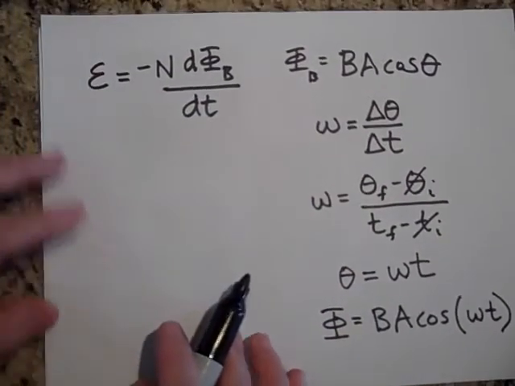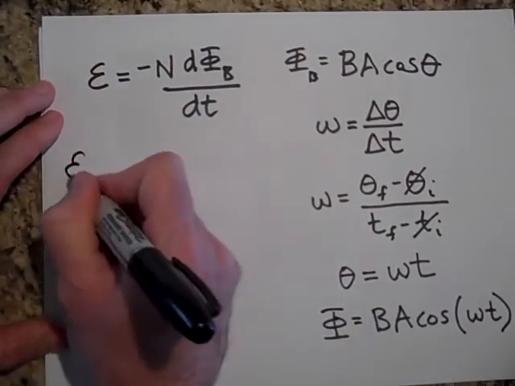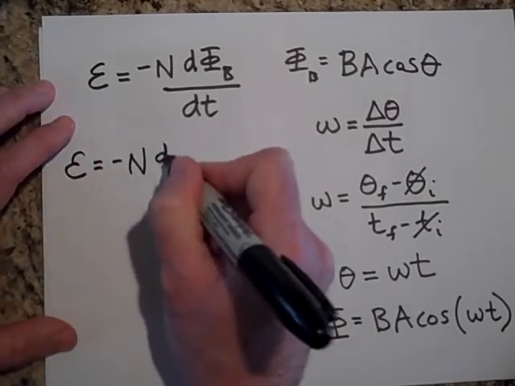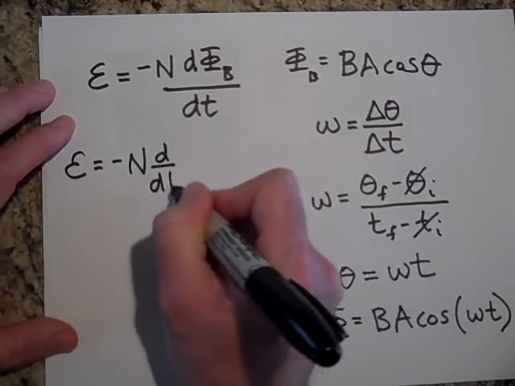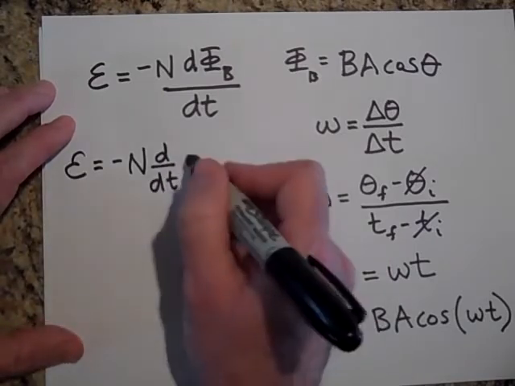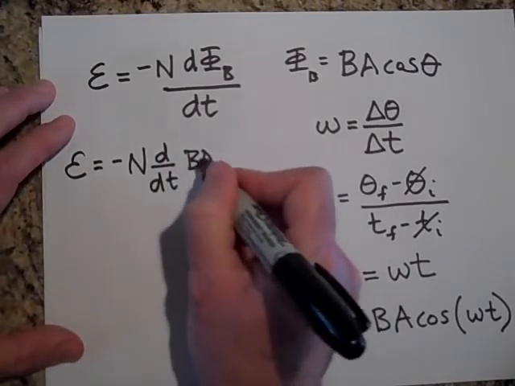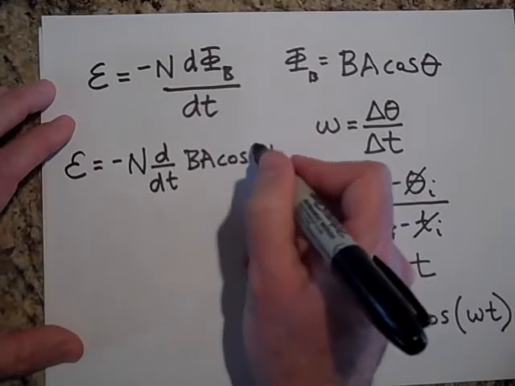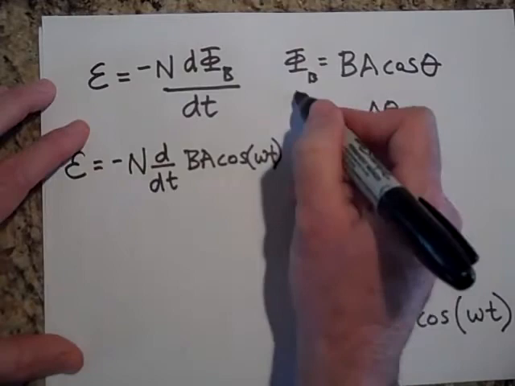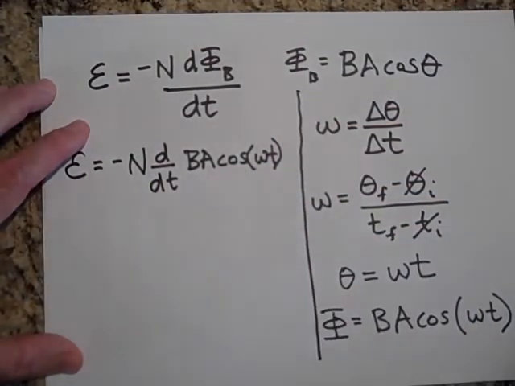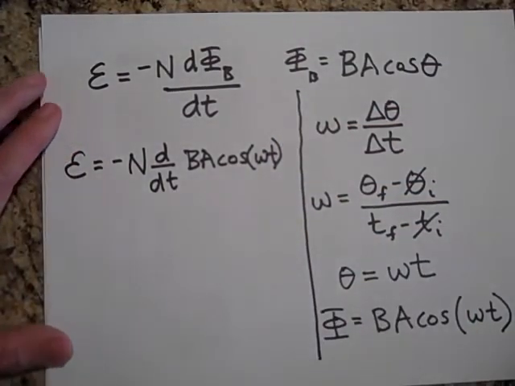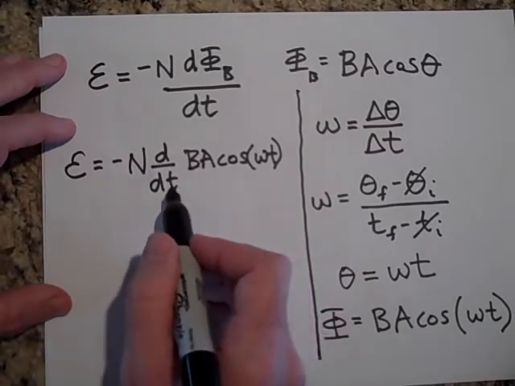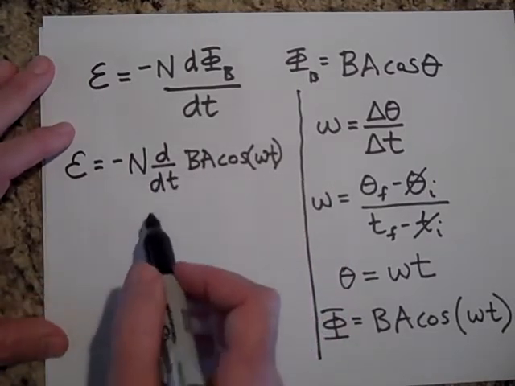So I come over here, and the EMF induced is negative n times the derivative with respect to time of the flux. The flux is B A times the cosine of omega t. It turns out that B and A aren't changing with time, so I can bring them outside of the derivative.